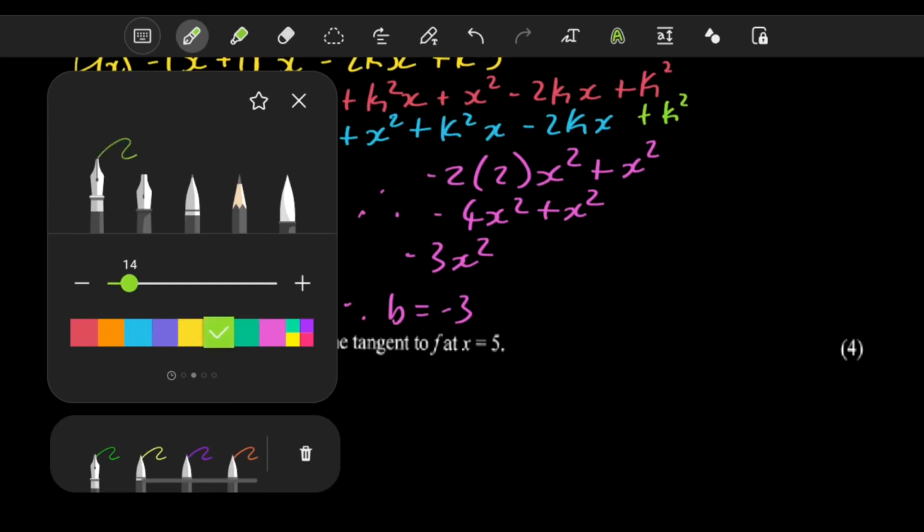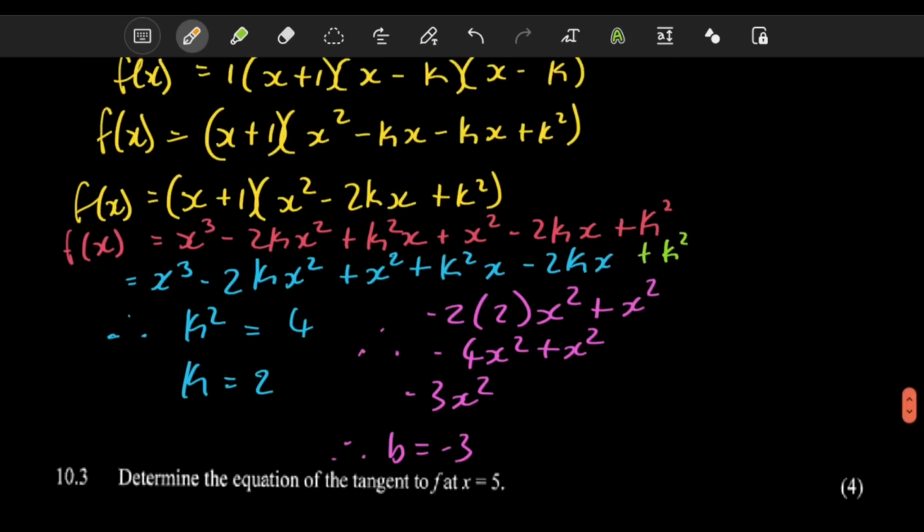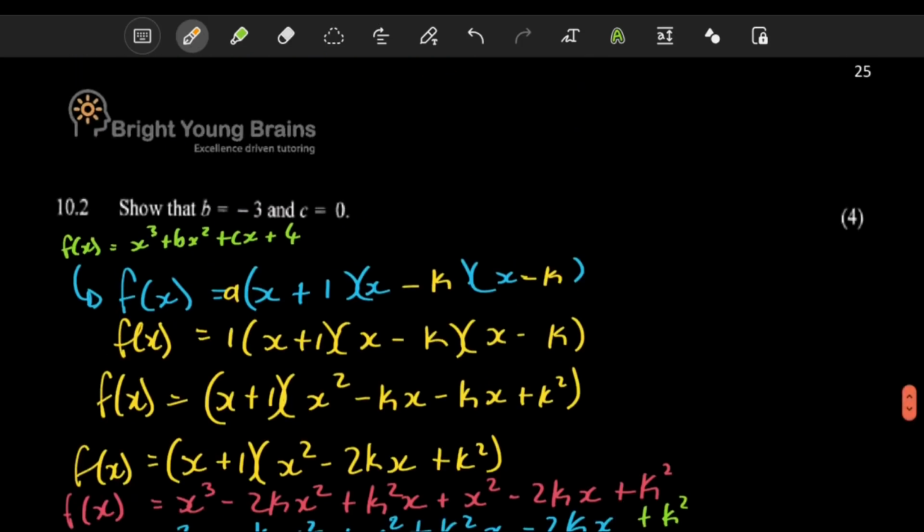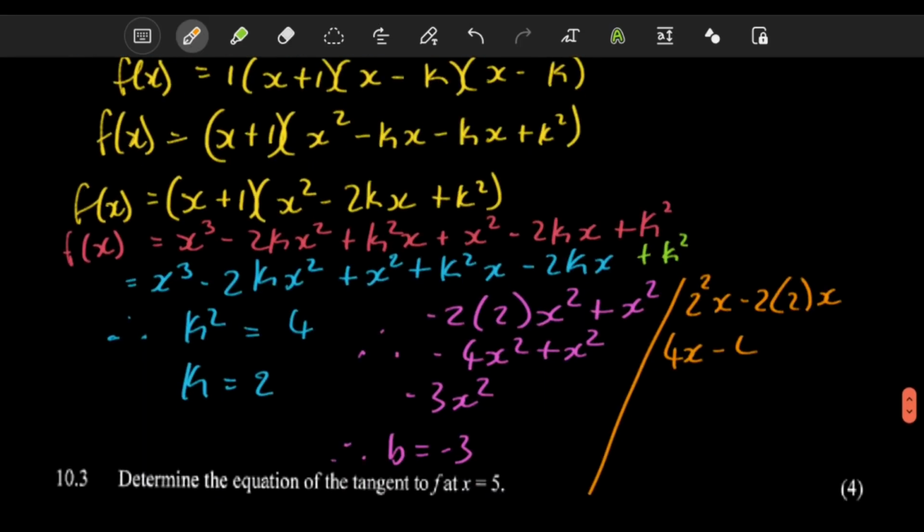And then you use the same analogy for c. This here and this here is what contributes to your c. So here you know that 2 squared x minus 2 with a 2 there, where k is, if you throw x there as well, if you simplify this, you're gonna have 4x minus 4x. This is perfect.